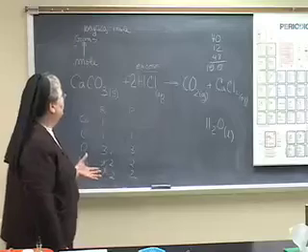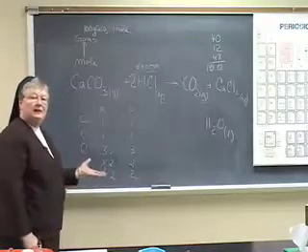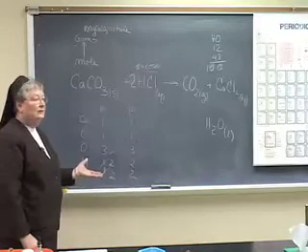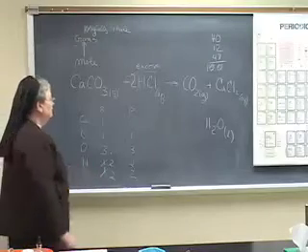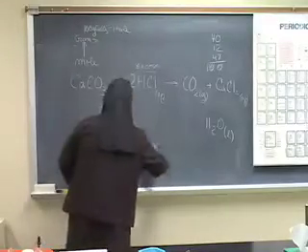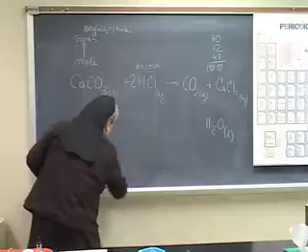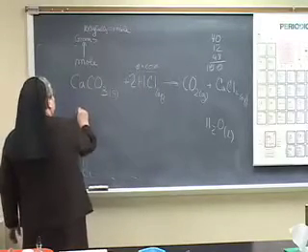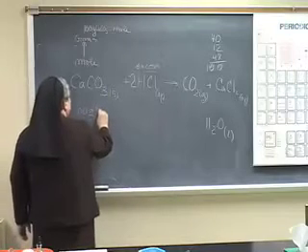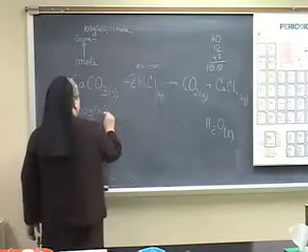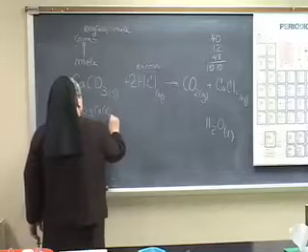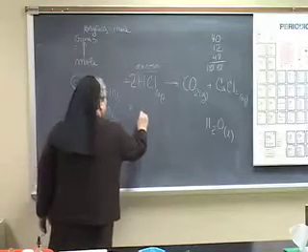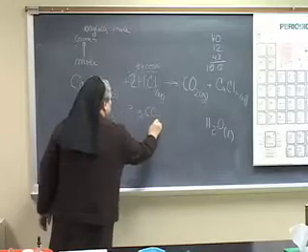Now, my question is, how many grams of carbon dioxide can I produce? Okay? Let me restate that question so that we know where we're going. Given 100 grams of calcium carbonate, I want to know how many grams of carbon dioxide.